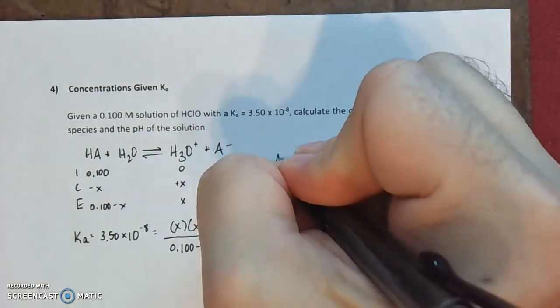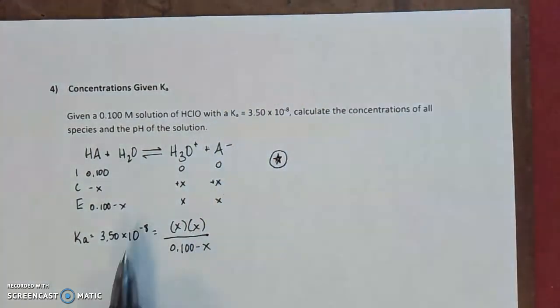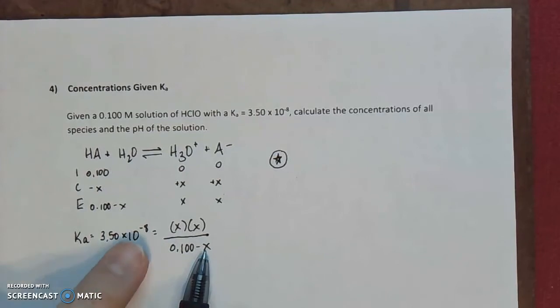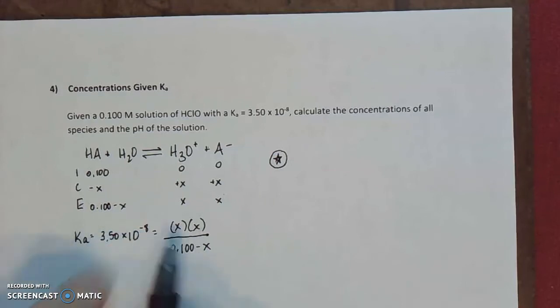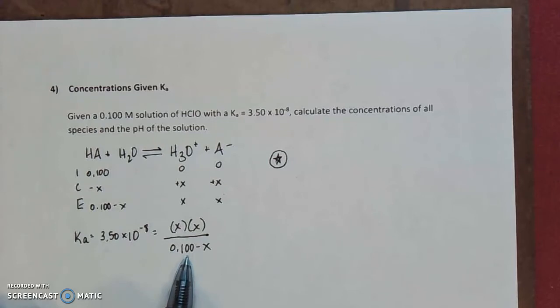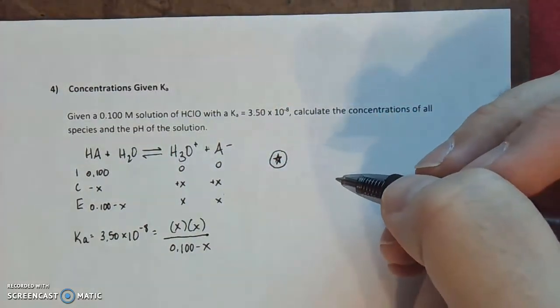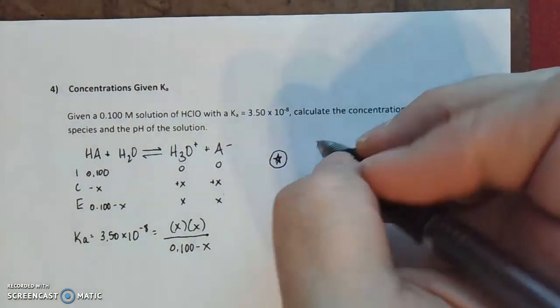But if you notice, this and this are really, really different. There's a huge number of significant figures between these two. In fact, this value is so small that it would not impact this value of x, or value 0.100 minus x all that much. So we're going to make an assumption.